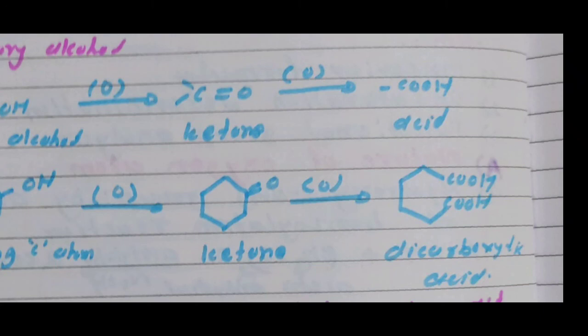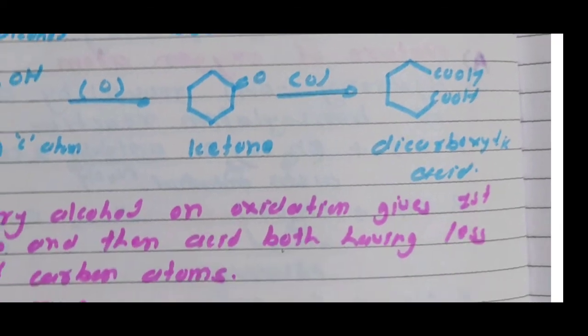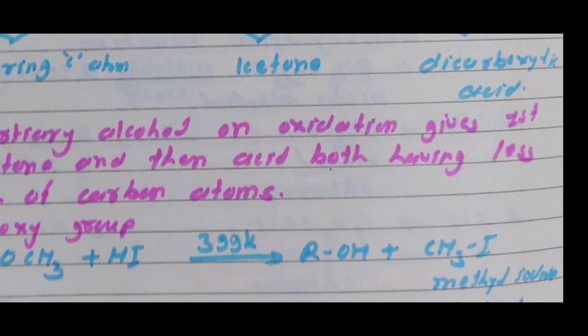Therefore showing the reaction, dicarboxylic acid, this is the open chain structure, and if this type of structure is formed, then alcoholic OH group may be in the form of a secondary alcohol in alkaloid. Then in case of tertiary alcohol, on oxidation gives first ketone and then acid, both having less number of carbon atoms.